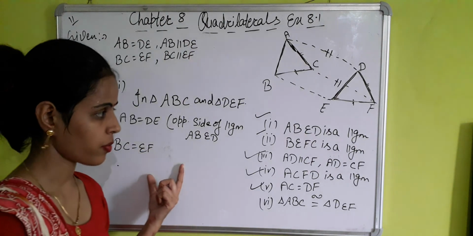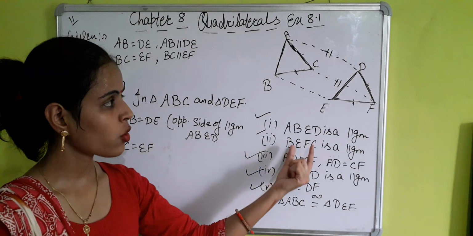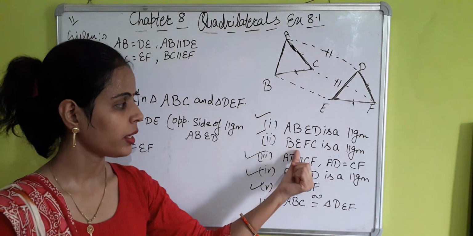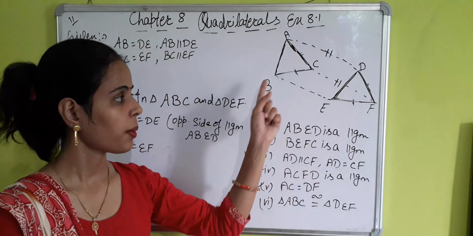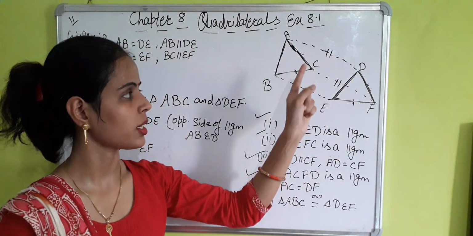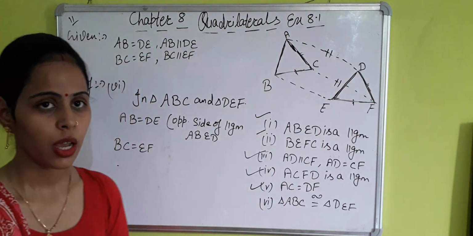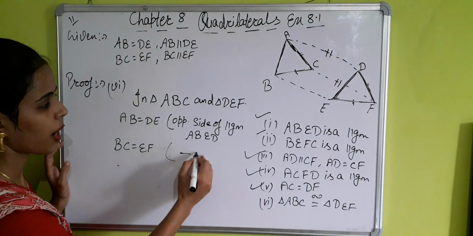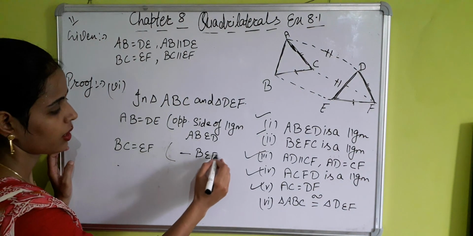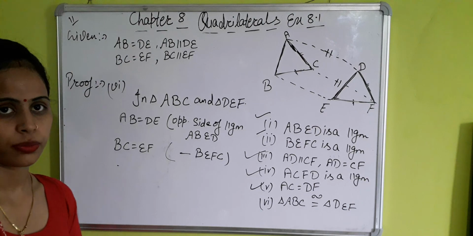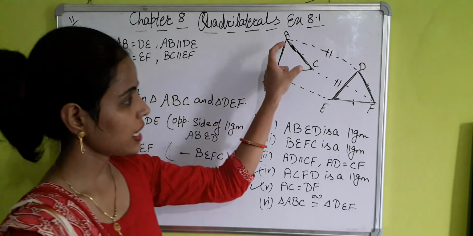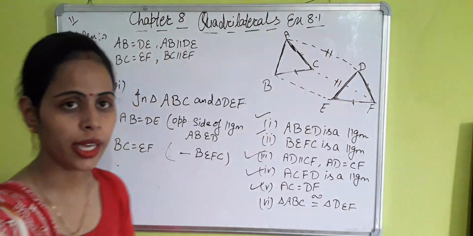BC and EF are the opposite sides of parallelogram BEFC. Third one is AC equals DF.